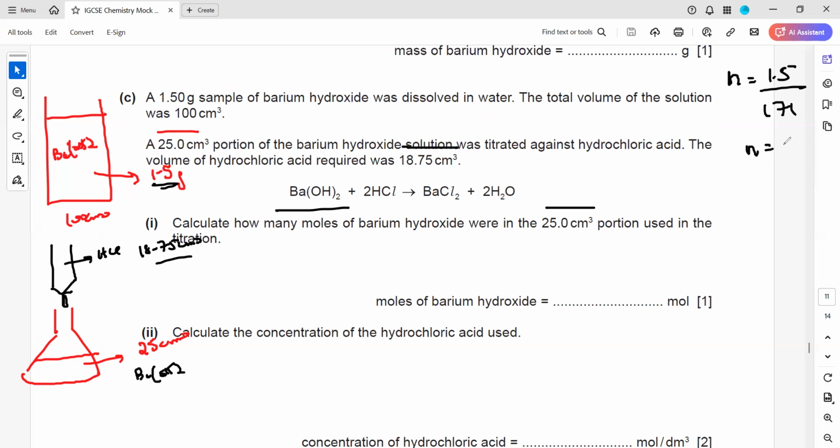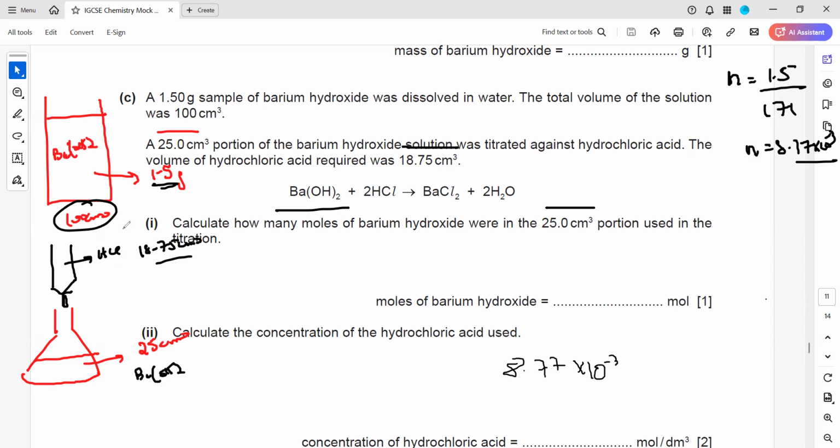What we got? 8.77 exponent minus 3. These are the moles, but these are the moles in 100 cm cube.